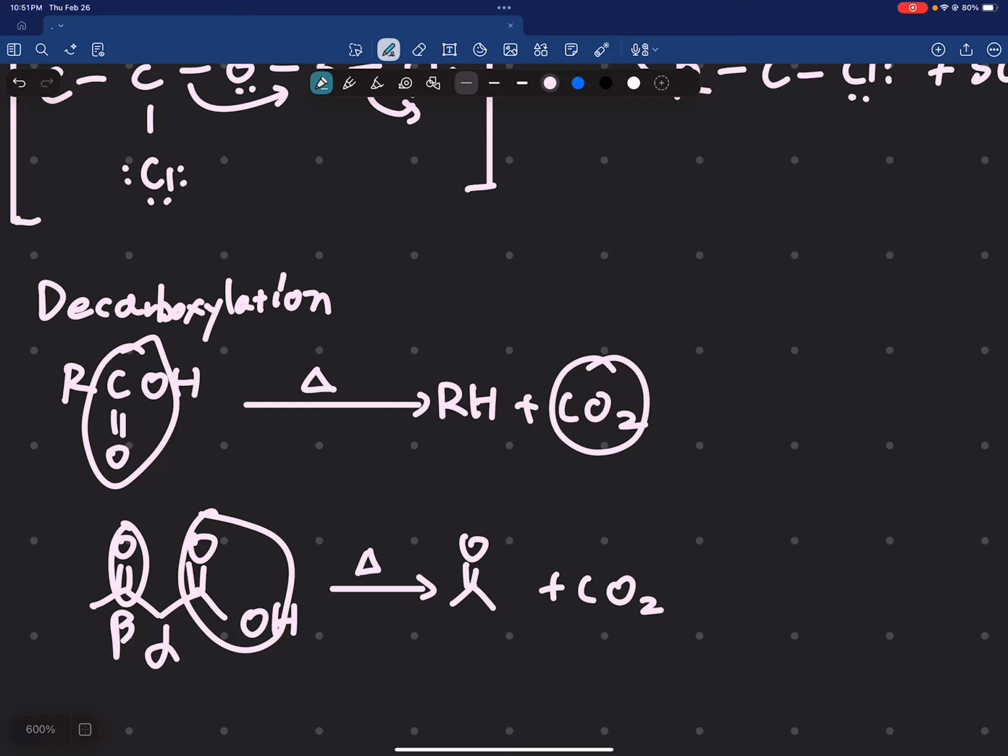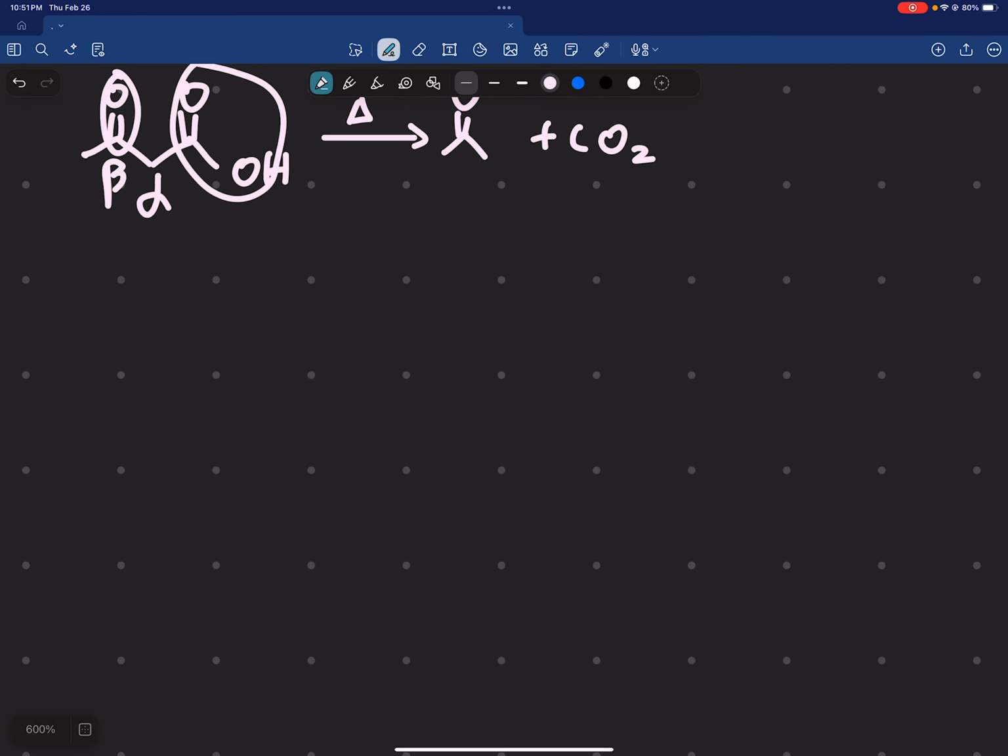Normally for a carboxylic acid, this will be a very high temperature in order to decarboxylate. So let's talk about the thermal decarboxylation of beta keto acids, involving the rearrangement of 6 electrons in a cyclic 6-membered transition state.